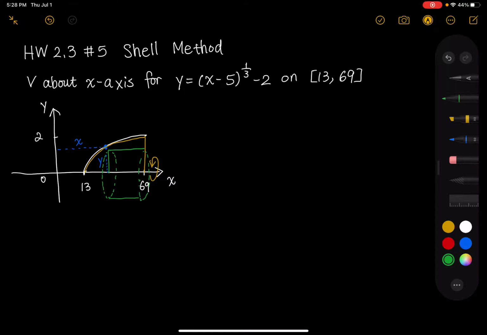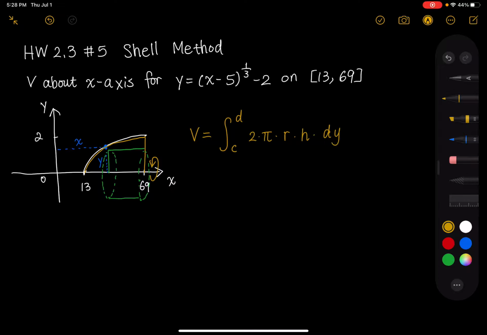So it looks like that. So we recall our formula. The volume equals integral, because it's about the x-axis, we recall c to d, 2 pi r h dy, okay?